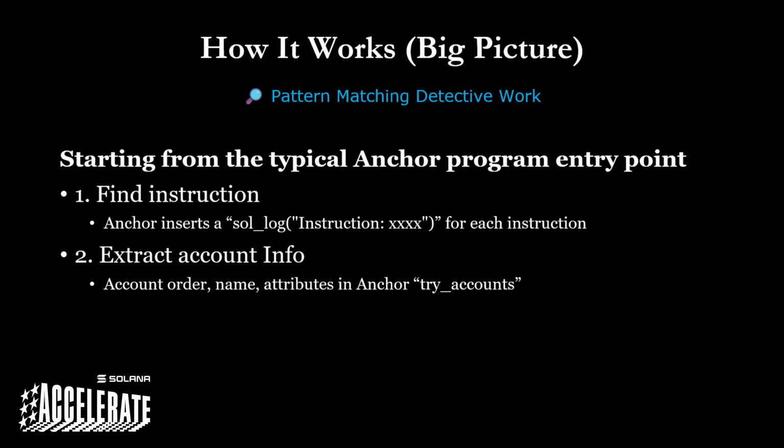We go through the control flow graph, especially the successful paths, which give us the account name, order, and so on. There are also unsuccessful paths, and from those, using the error codes, we figure out what constraints should be there.